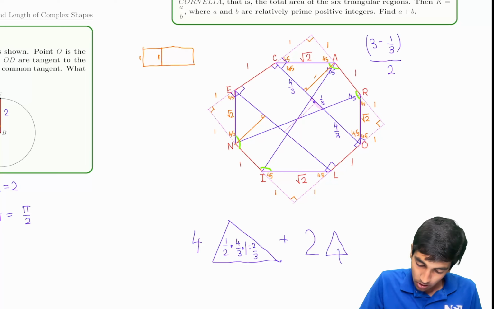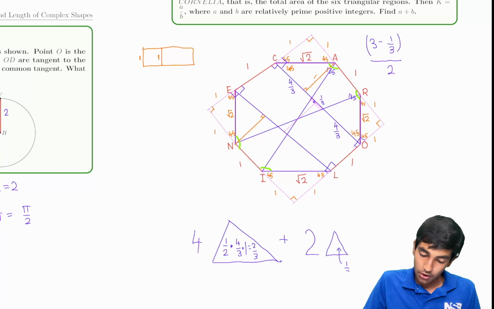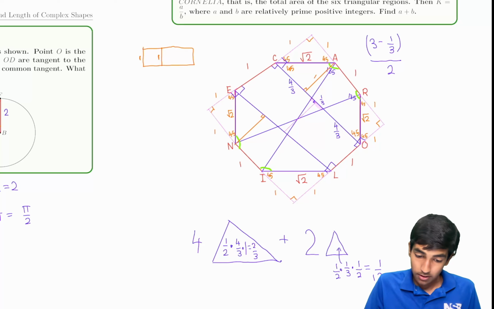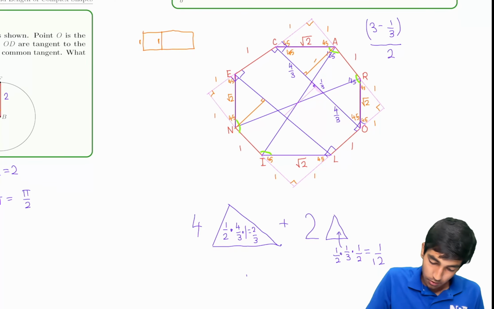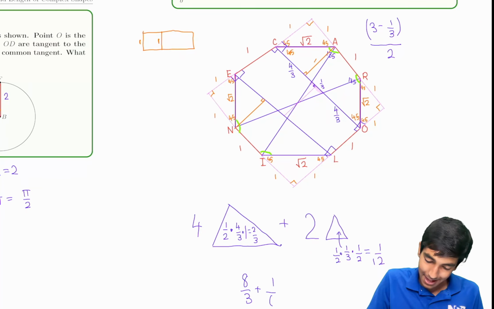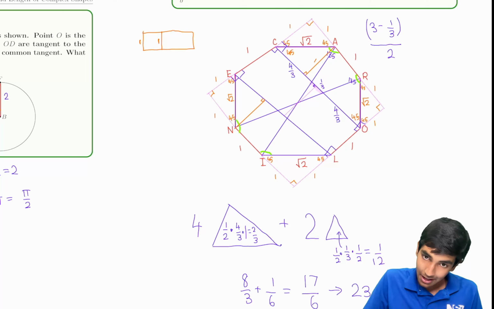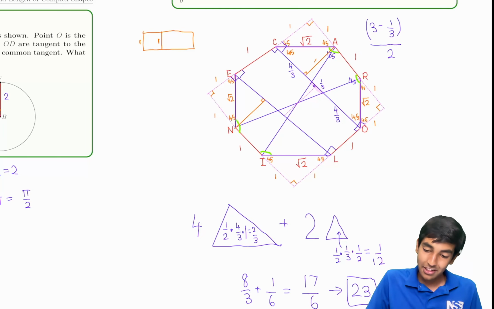The small triangle has an area of half base times height, 1/3 times 1/2 times 1/2, which is 1/12. And now we just add all of this up. So 8/3 plus 2 times 1/12, 1/6, which will give us 17/6, giving us an answer of 23. And that is the answer for this problem.